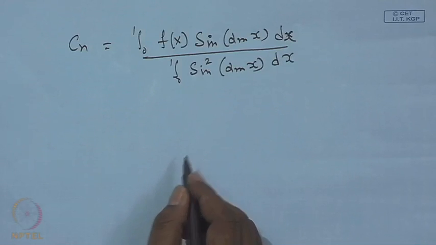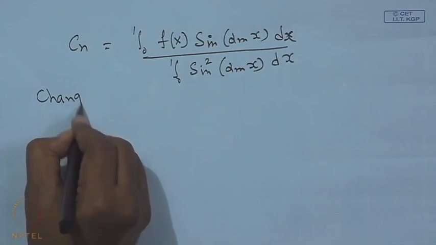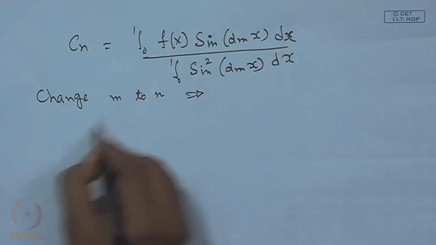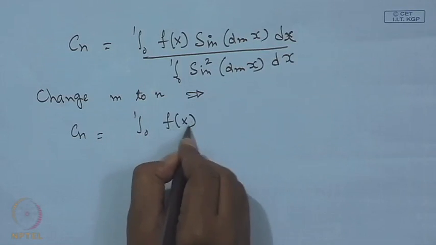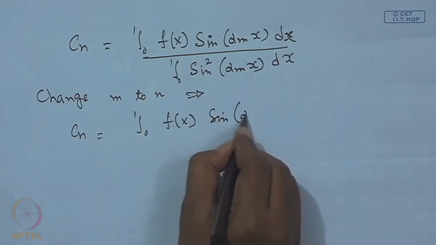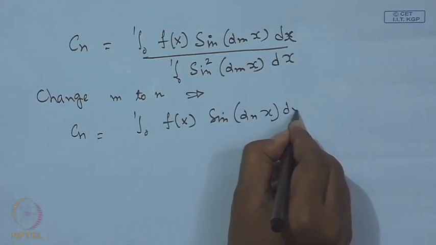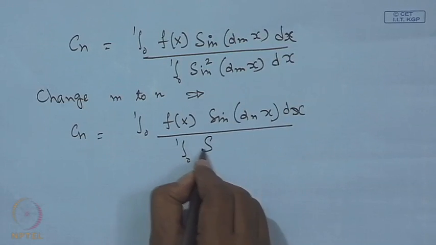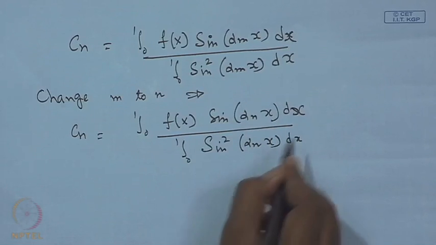So, what we do is we now change the running index m to n. So, C n becomes the integral from 0 to 1 of f of x sin alpha n x dx divided by the integral from 0 to 1 of sin square alpha n x dx.